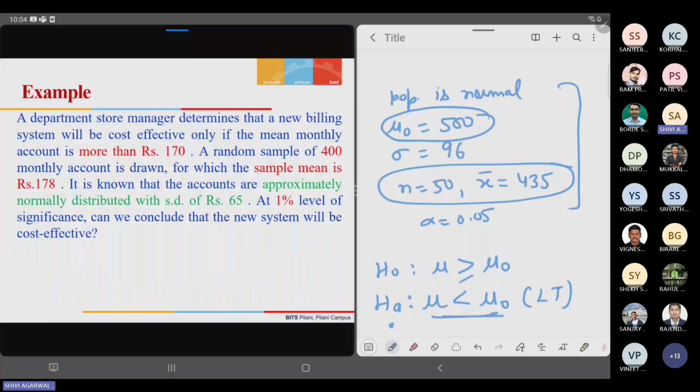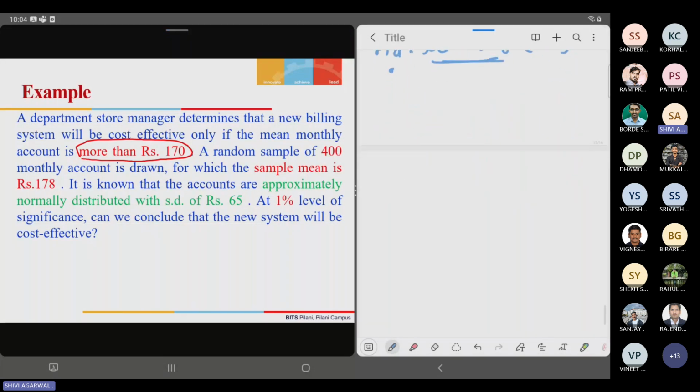A department store manager determines a new billing system will be cost effective only if the mean monthly account is more than 170. So it is more. Okay, the new claim is what? More than 170. So here we can say mu naught is given as 170 and HA is what?